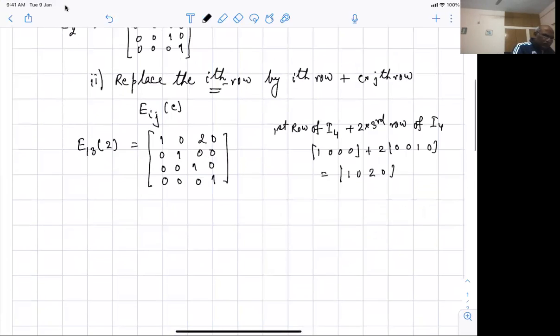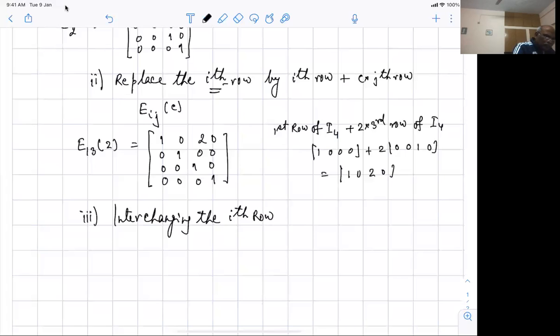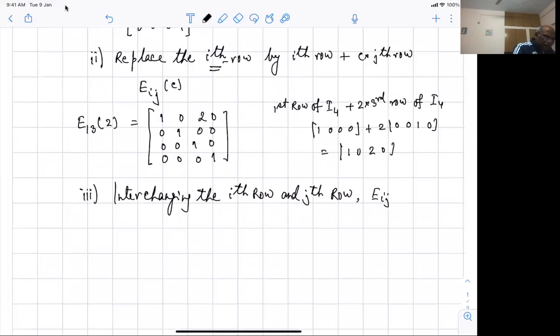Fine. The third one is interchanging the ith row and jth row. So this we write as E_ij. Fine. So if I want to understand E24, then second row of this is the same as the fourth row.